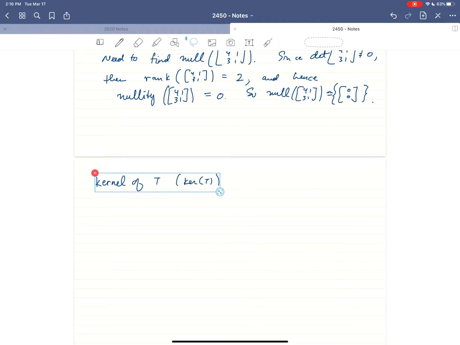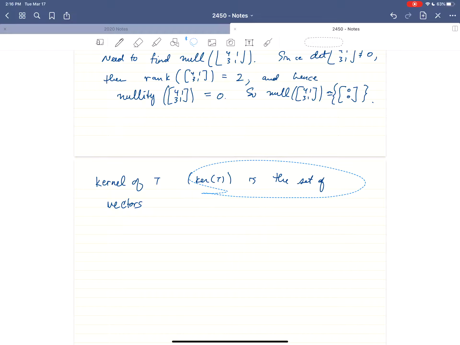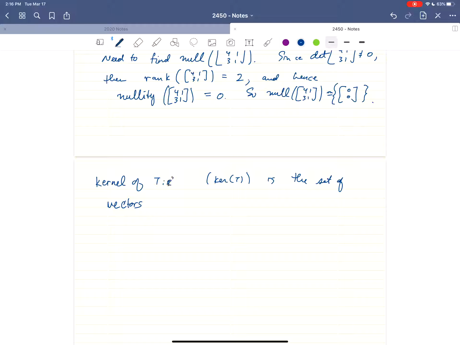The kernel of T is going to be the set of vectors. Let's just, again, for now, say T is still going to be a linear transformation from R2 to R2. But this is going to be the set of vectors V so that T of V is the 0 vector.